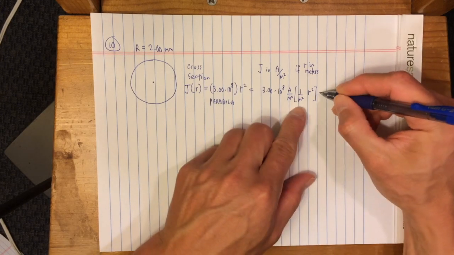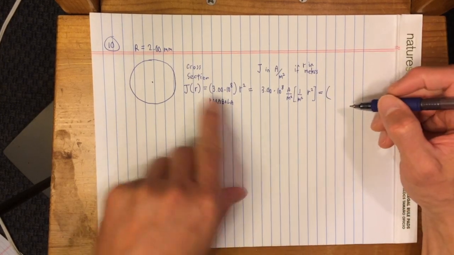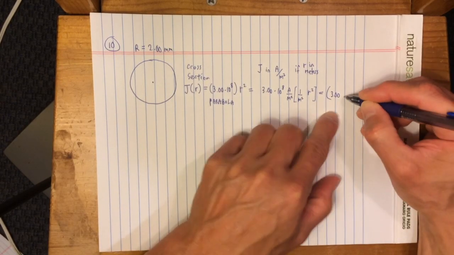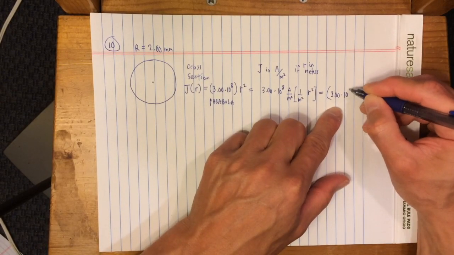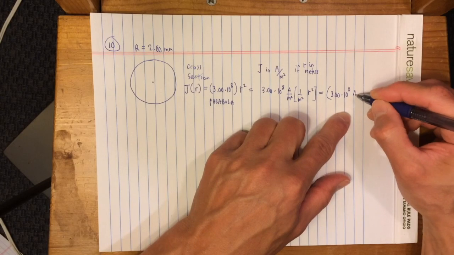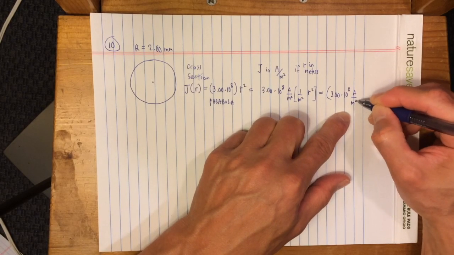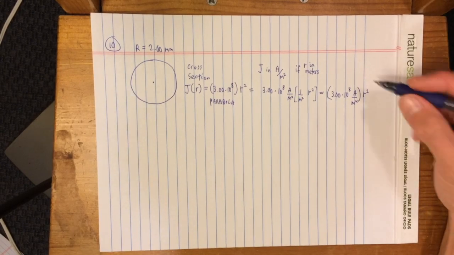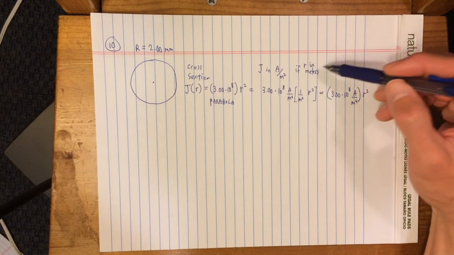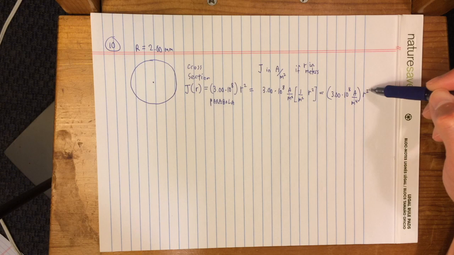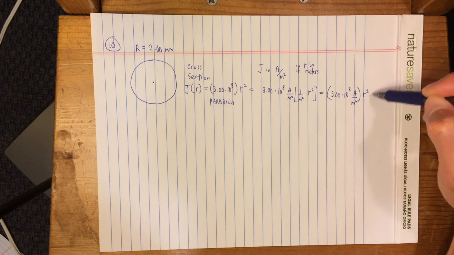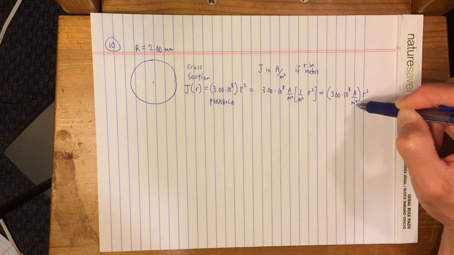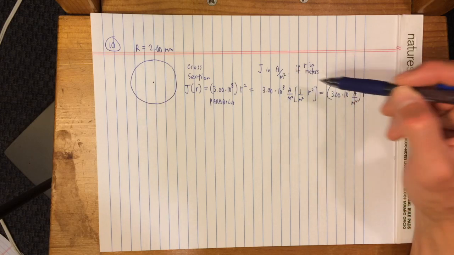So that means the way I have to understand this is 3.00 times 10 to the 8th amps per meter to the 4th times r squared. And so you can see how this will work. If I put in r in meters right here, the meters will get squared, and then meters squared over meters to the 4th is per meter squared.